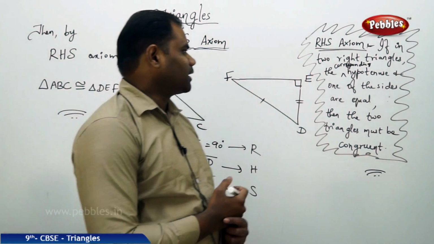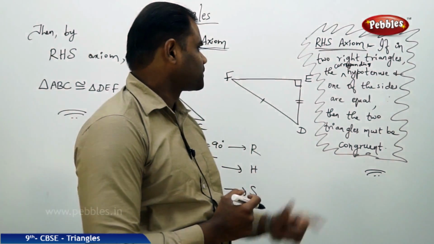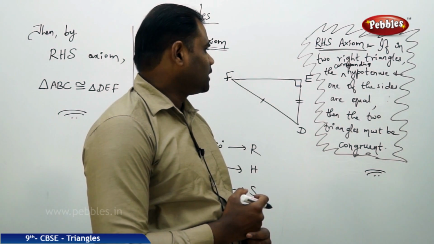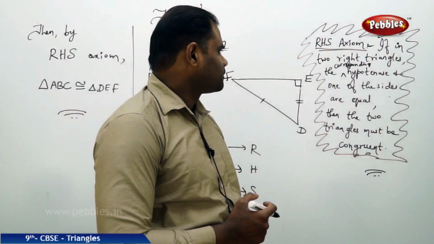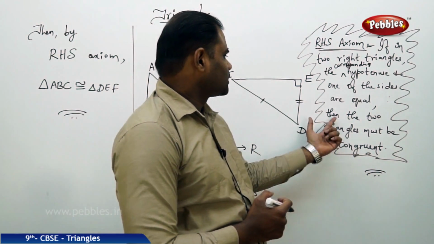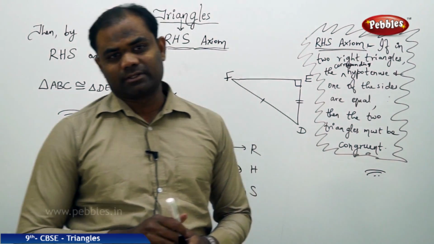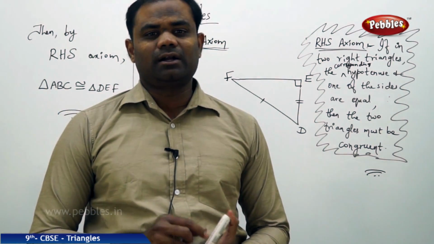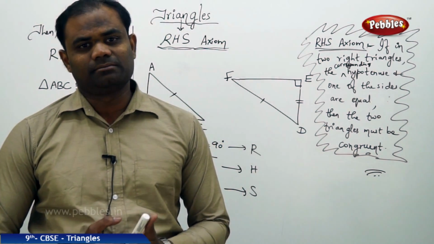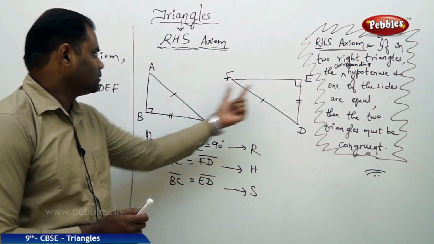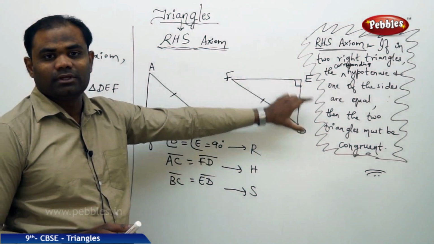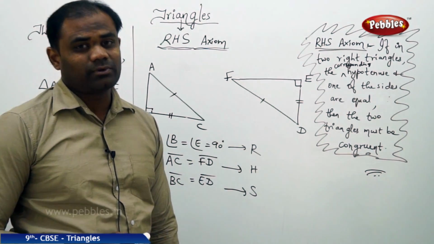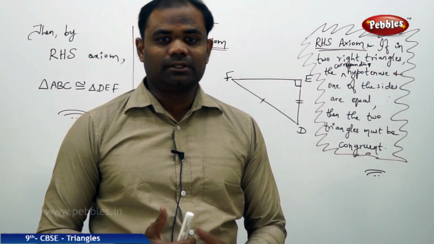If in two right triangles the corresponding hypotenuse and one of the sides are equal, then the two triangles must be congruent, is how we understand the RHS axiom. Right angle, hypotenuse and one of the sides being equal makes the two triangles congruent to each other.